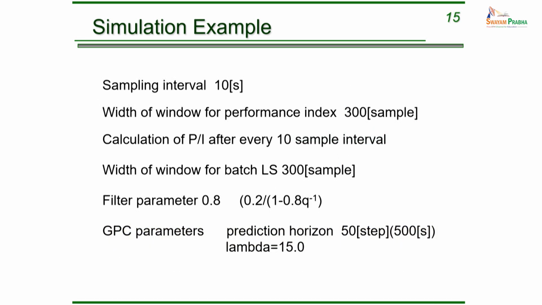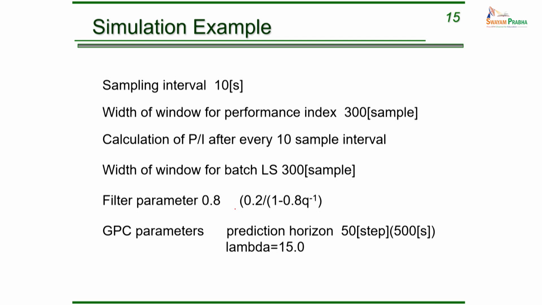The width of the window for performance index calculation is 300. We calculate the control parameters after every 10 sample intervals. The width of the window for batch least squares is also 300 samples.